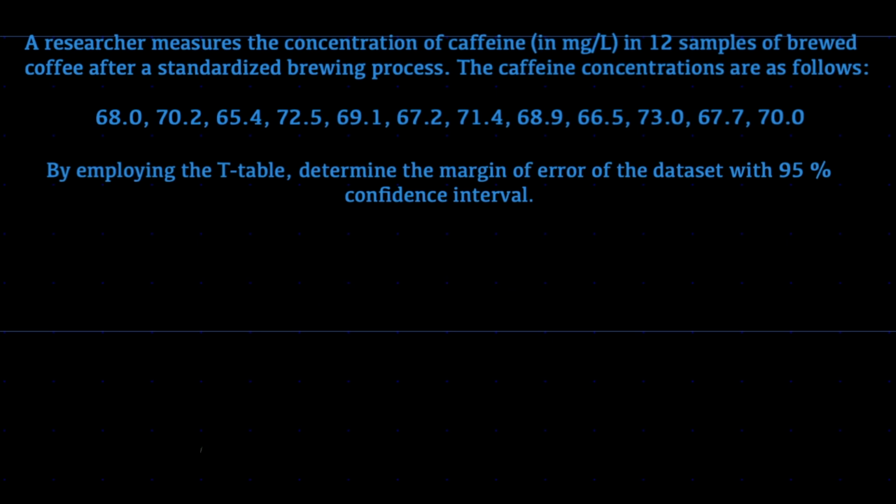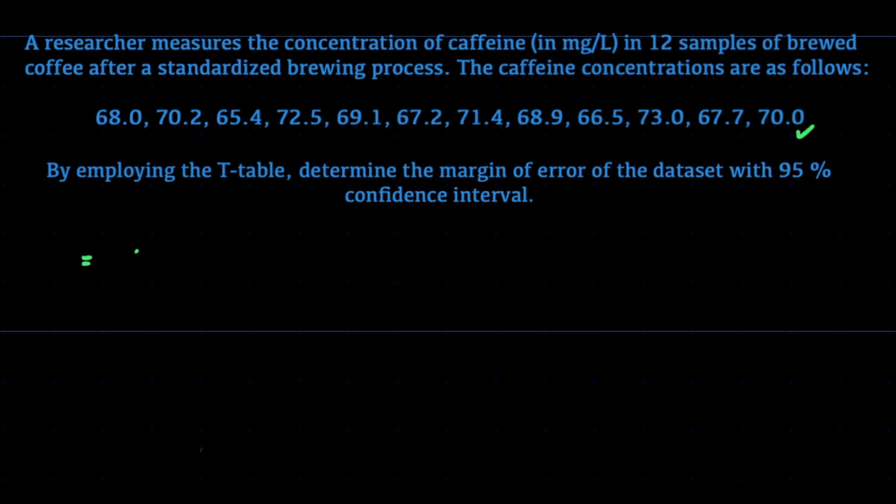Alright, so the next step is to find the standard deviation. For the standard deviation, the first thing you need to do is take each of these values, subtract the mean, and square the result.